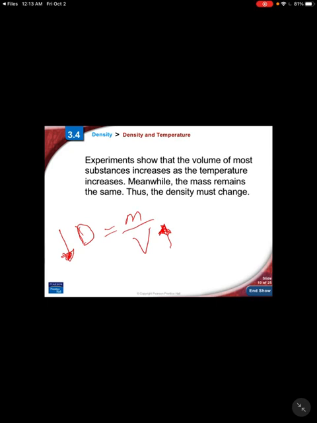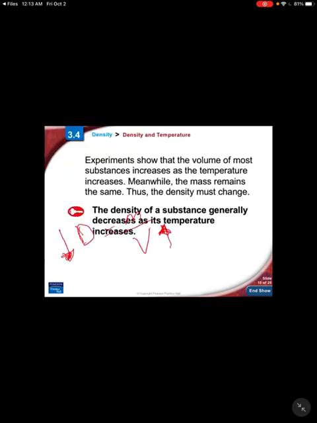Heat does not rise, okay? Heat can only flow from hot to cold. Heat doesn't rise, however, hot air does. So here it says density decreases as temperature increases.